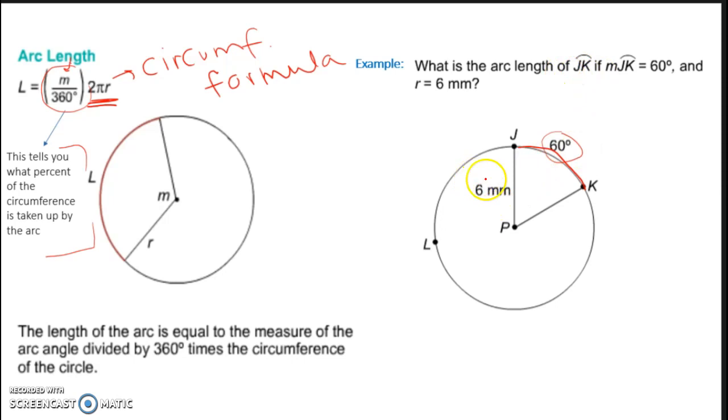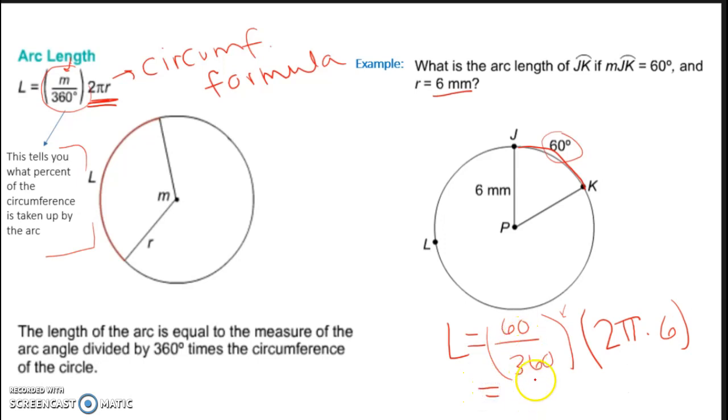If I know the radius is 6 millimeters, and I know that the arc measure is 60 degrees, we just plug it into this formula we just talked about for arc length. Arc length is equal to however much the arc measure is, which is 60, out of the total in the circle, which is 360. So this is telling us how much of the circle it's taking up, times the circumference of the circle, which is 2 pi r, when we know the radius is 6.